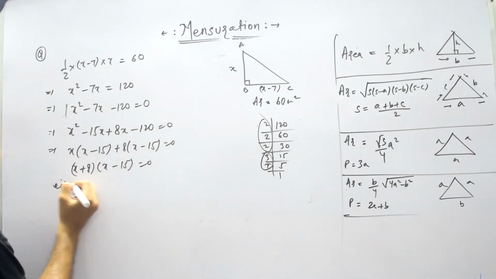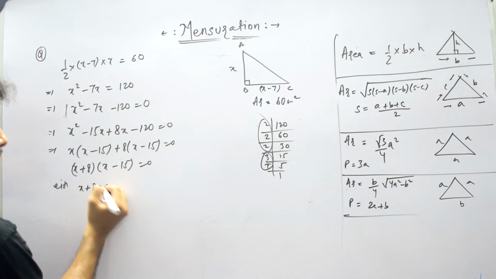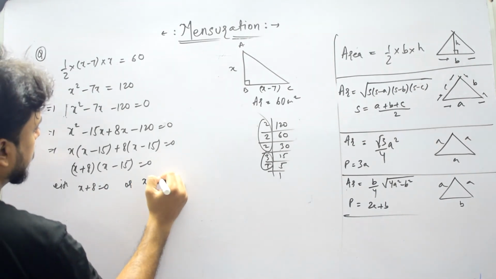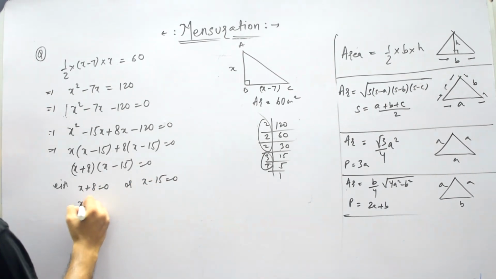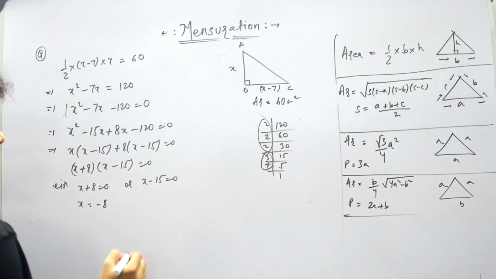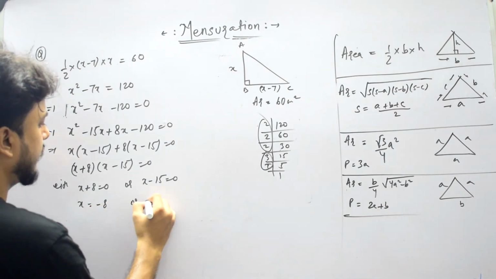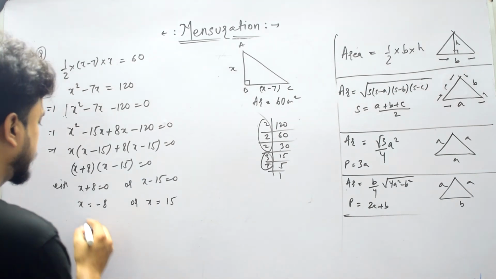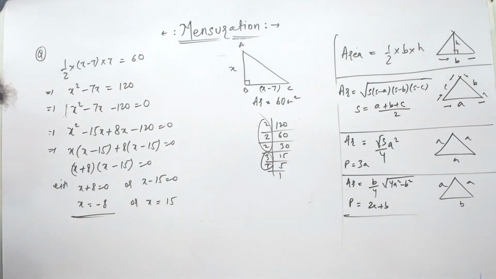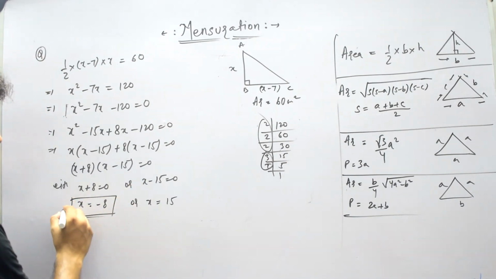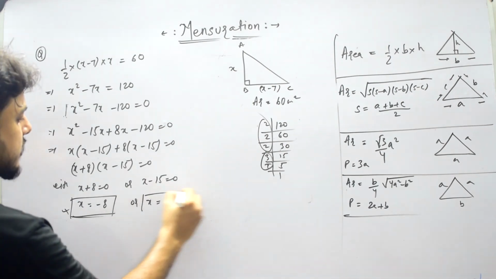So either x plus 8 equals 0 or x minus 15 equals 0. From this I will get x equals minus 8 or x equals 15. Now see, the sides cannot be negative, so we will neglect this value. So x will be 15.